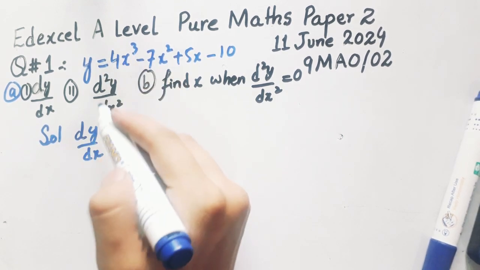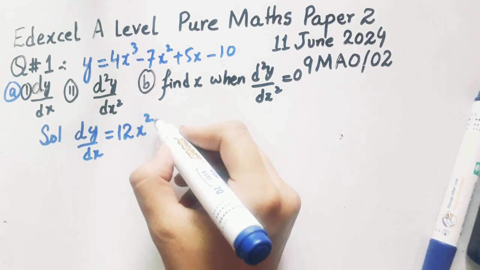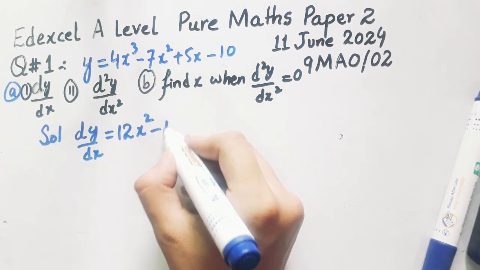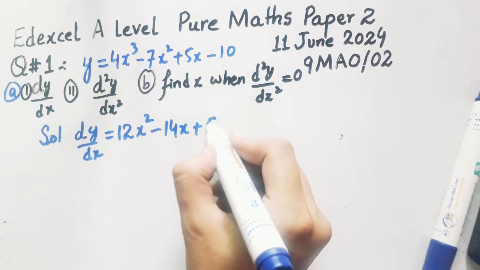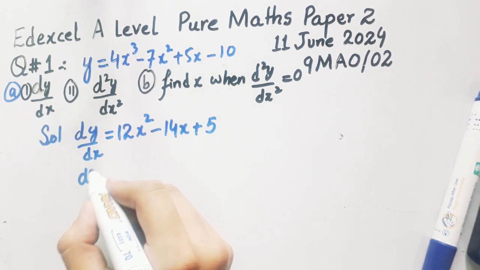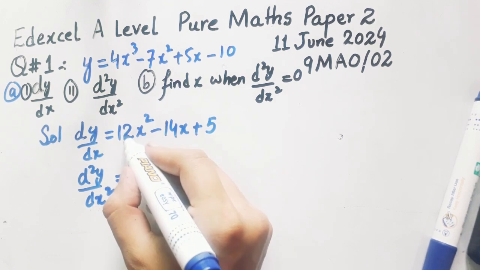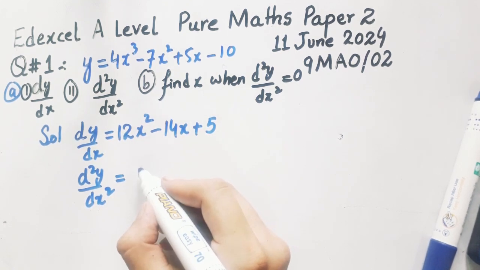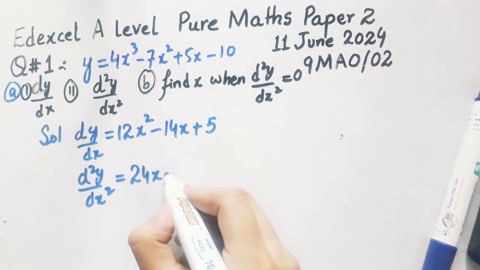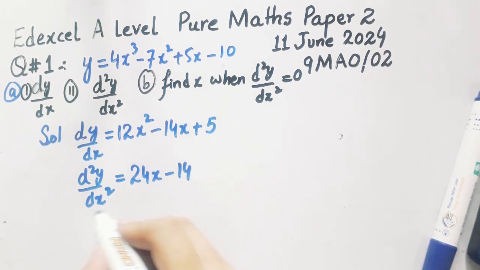So 4 multiply 3, it will become 12x square, 2 multiply 7, 14x plus 5. Then double differentiate this, again differentiate with respect to x. So this will be equal to 12 multiply 2 is 24x minus 14.